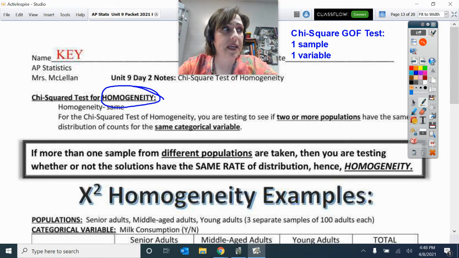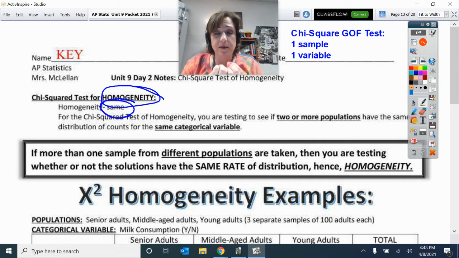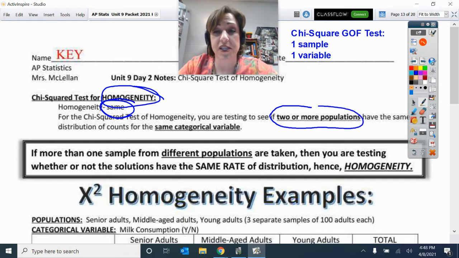So let's think about that word homogeneous. We know that homogeneous means the same. So we are going to test to see if two or more populations, that's the key. So we're having two or more samples.